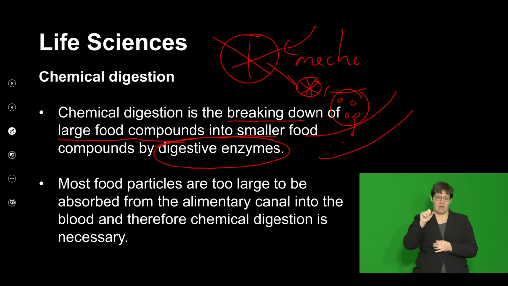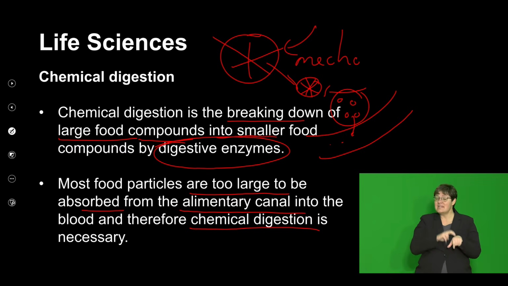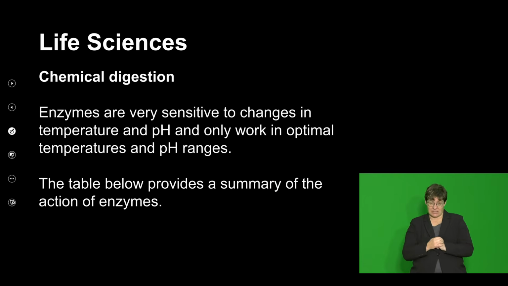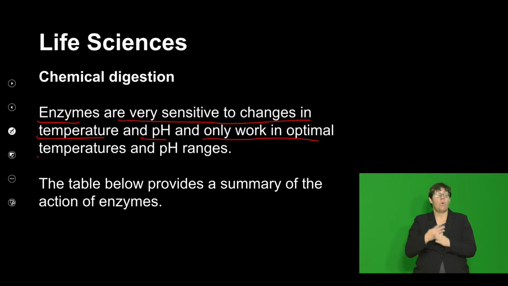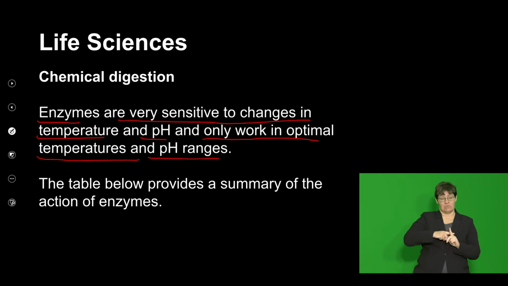into the bloodstream. So most food particles are too large to be absorbed from the alimentary canal, and hence it needs to be chemically digested, and that's essentially the important part that we're looking at. To assist all of this, we have enzymes. Enzymes are very sensitive to changes in temperature and pH, and only work in an optimal temperature and pH range.